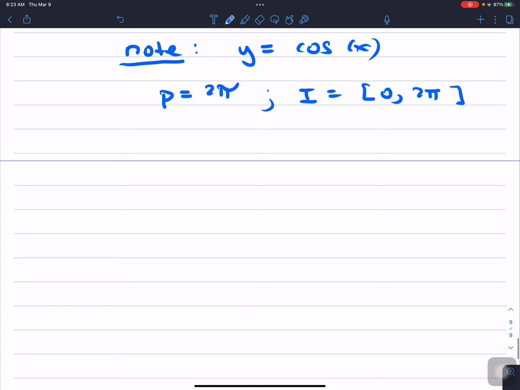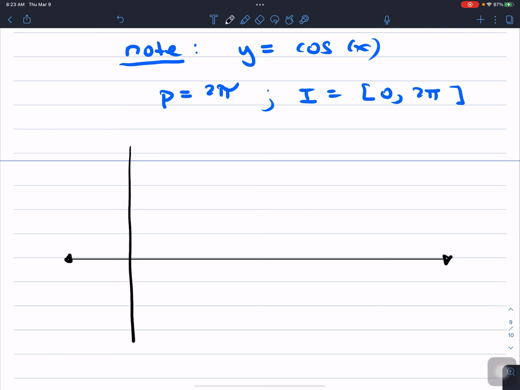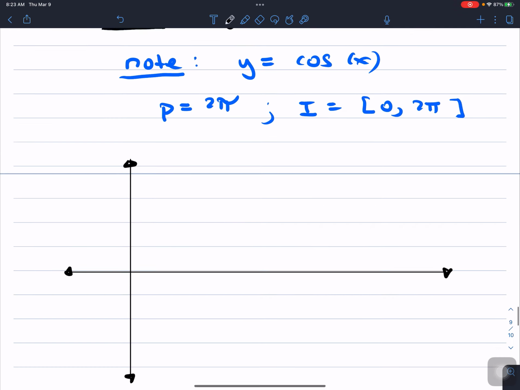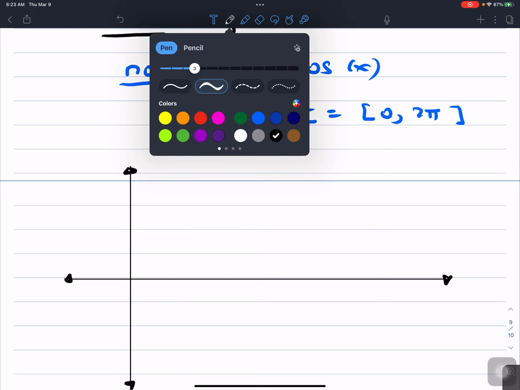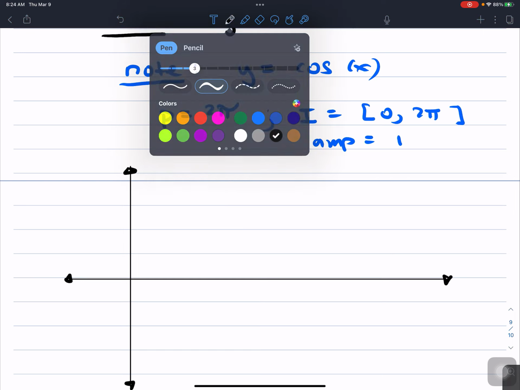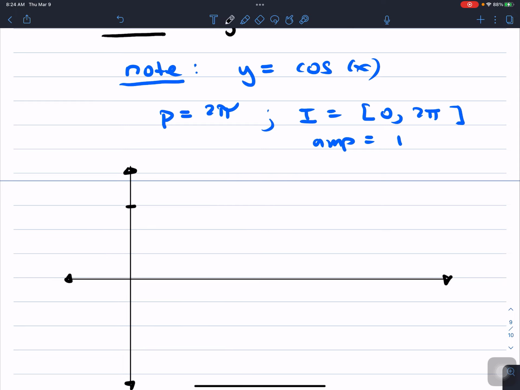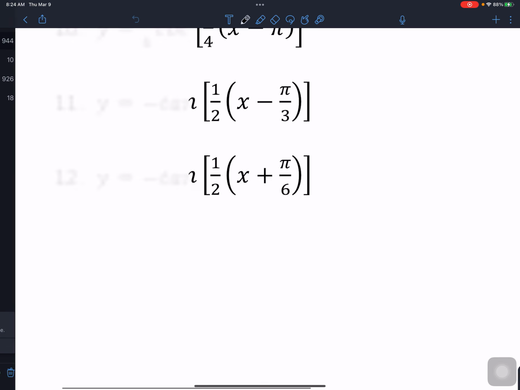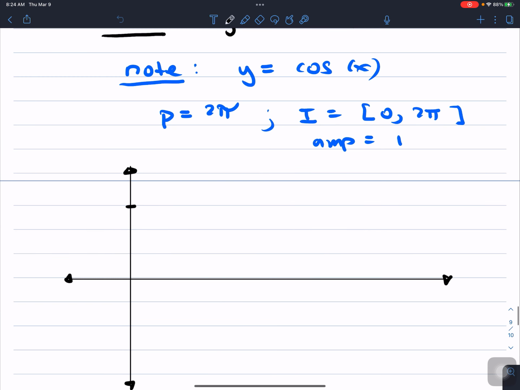So, if you know how to graph cosine, this is something important. I think for cosine as well, what did we forget? What's the amplitude? 1. In this case, the amplitude is 1. Is that true? Okay. So not to scale.